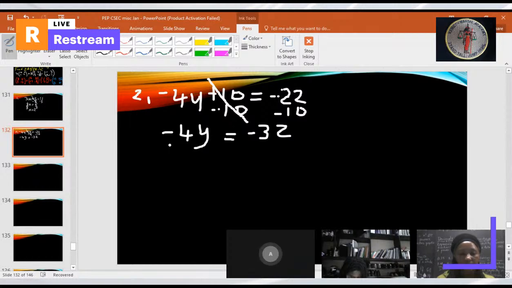So we can get both of them to be positive. All right, but can we do something else and just get rid of the negative 4 in one step? Yes, miss, but I was just showing the process. All right, so you're saying divide them both by negative 1. So we'd end up with 4y equals 32.